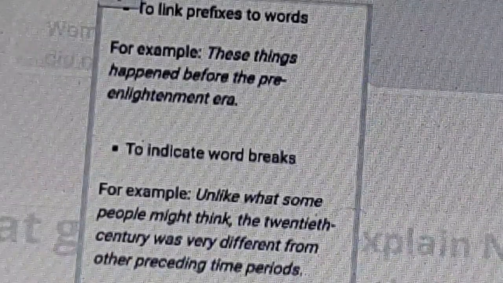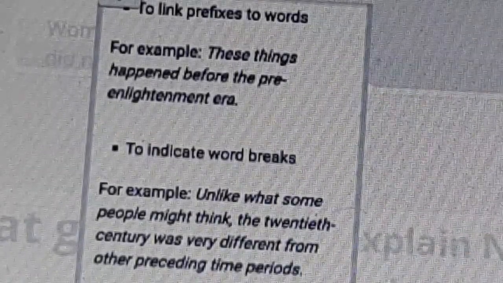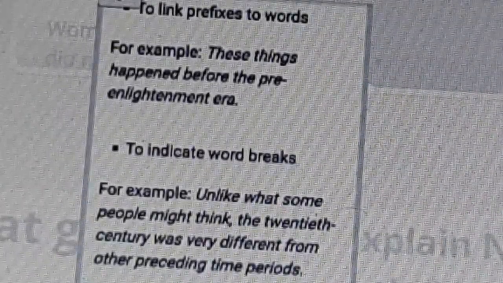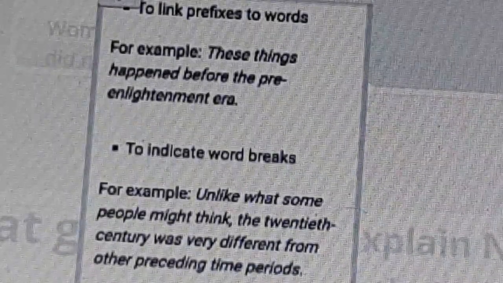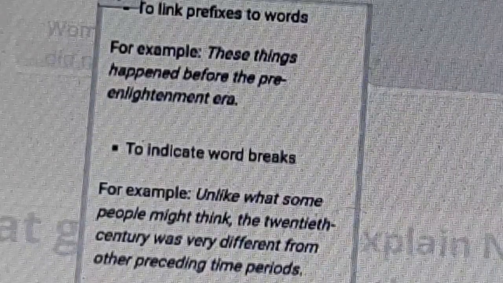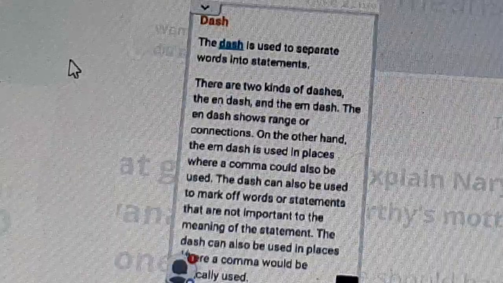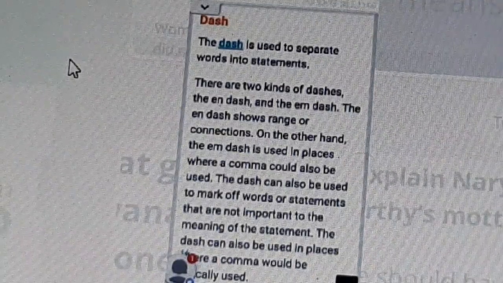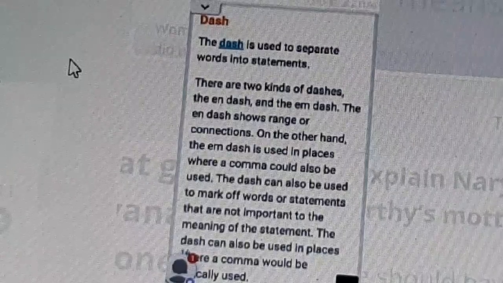For example, unlike what some people might think, the 20th-century was very different from other preceding time periods. Here 20th-century, after 20th we put a hyphen.